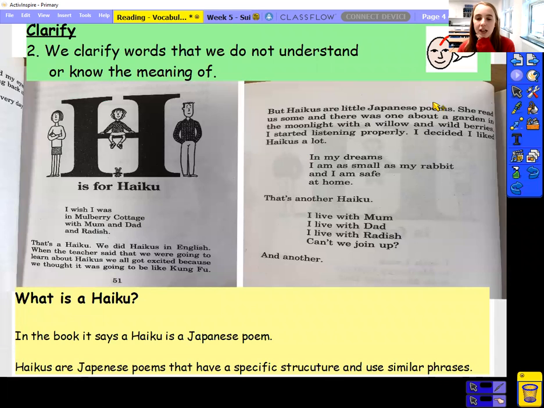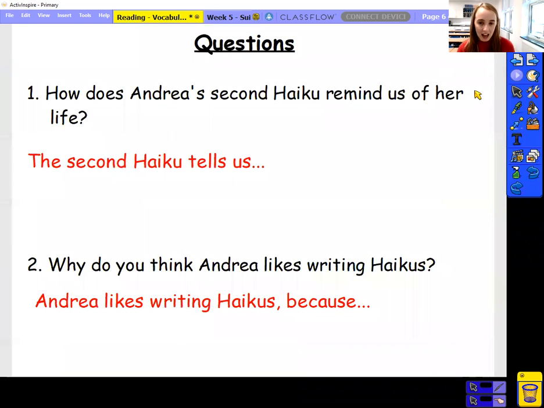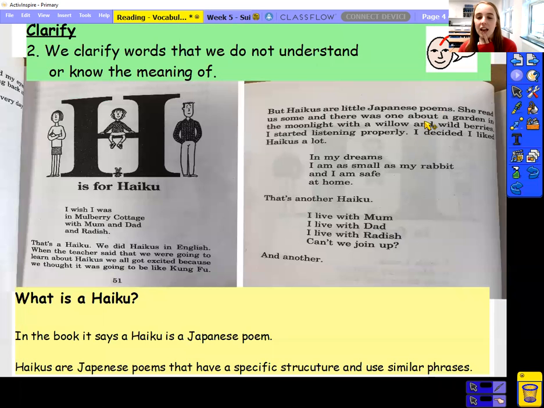Why might she really like haikus? We need to have a little think about why Andrea might really like haikus. She said here that they started talking about wild berries. Well, what kind of berries does Andrea like?